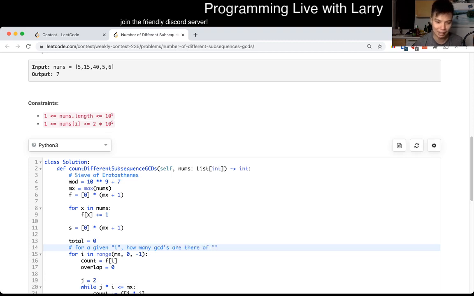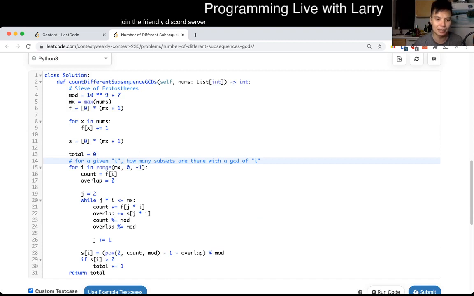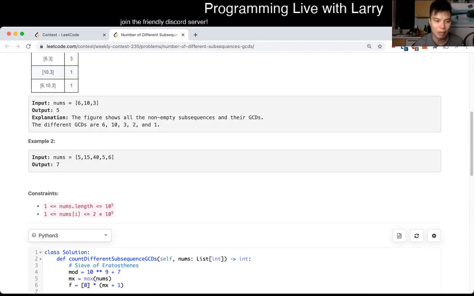How many subsets are there with a GCD of i? And that's basically the way that I did it. And this is roughly n log n, where n is 200,000, or maybe u log u, if you want to call it that, where u is the domain.